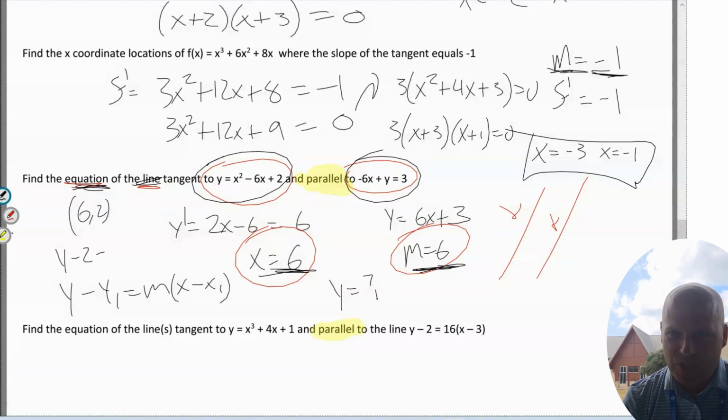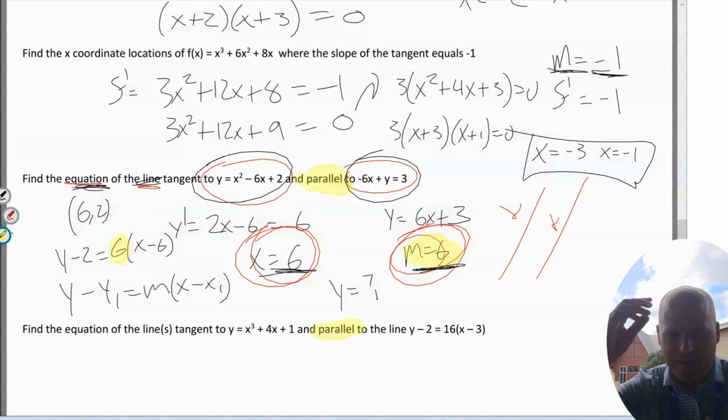So y minus 2 equals 6 times x minus 6. That takes the case where you have the same slope and x value. Let me just highlight this. This m is that right there.